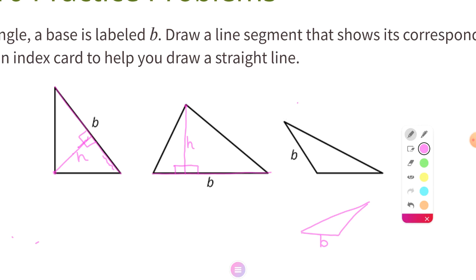If I draw that, there's a right angle. What is really weird about that? Could that be the height of that triangle? No, it just looks weird.